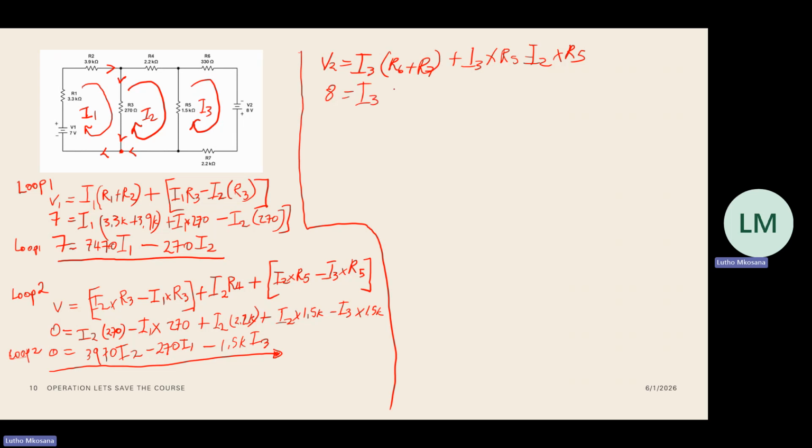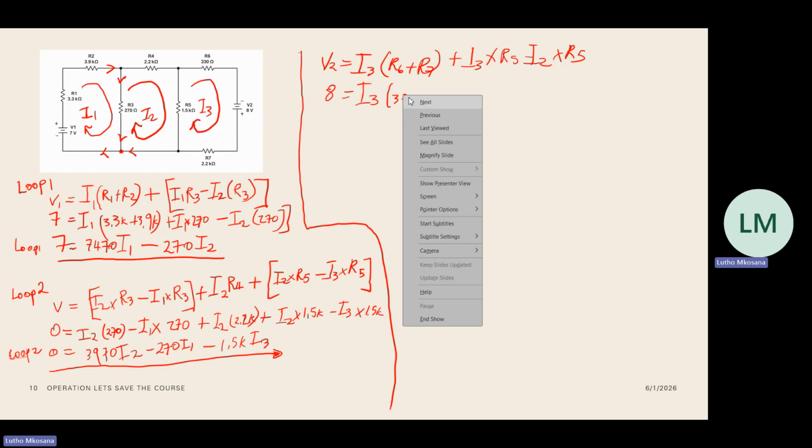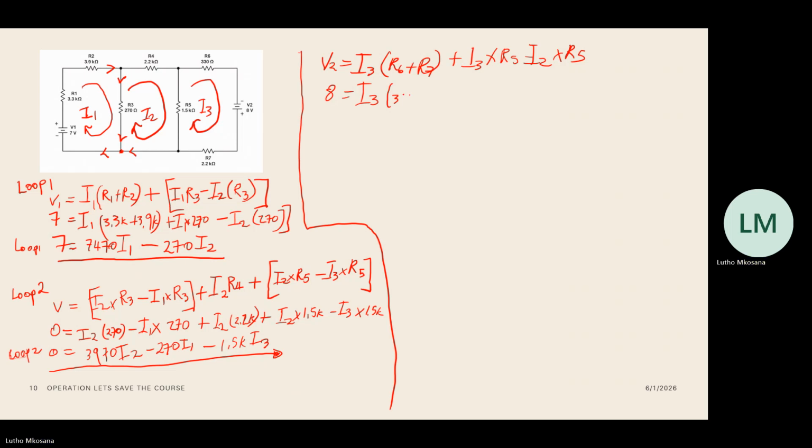I3, R6 is 330, plus R7 is 2.2K, plus I3 multiplied by R5, 1.5K, minus I2 multiplied by R5, which is 1.5K.